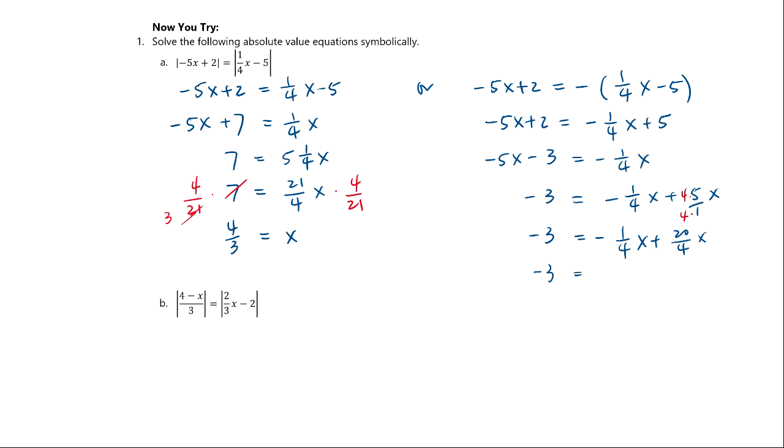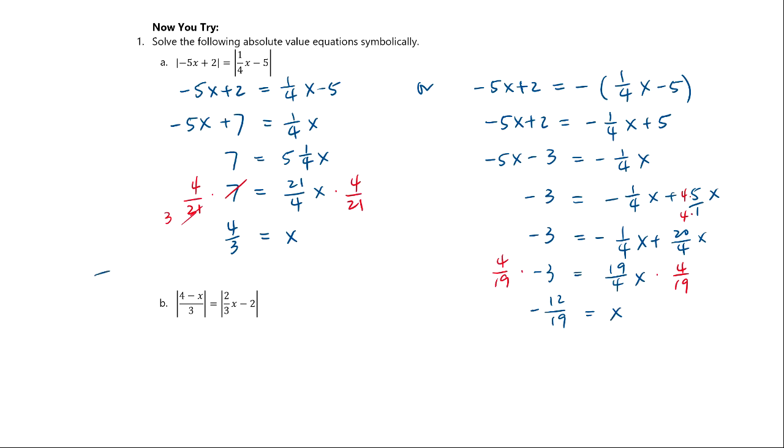Or we can say negative 3 is equal to 19/4 x. Now to get the result, again we can multiply the reciprocal, which will be 4/19 in this case. And that gives me negative 12/19 is equal to x.